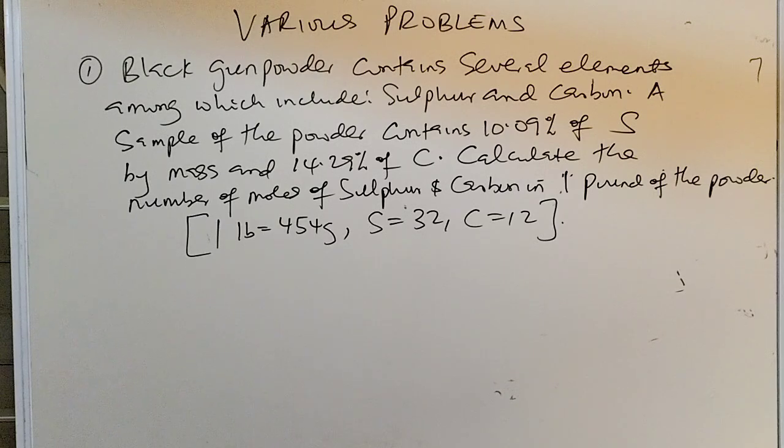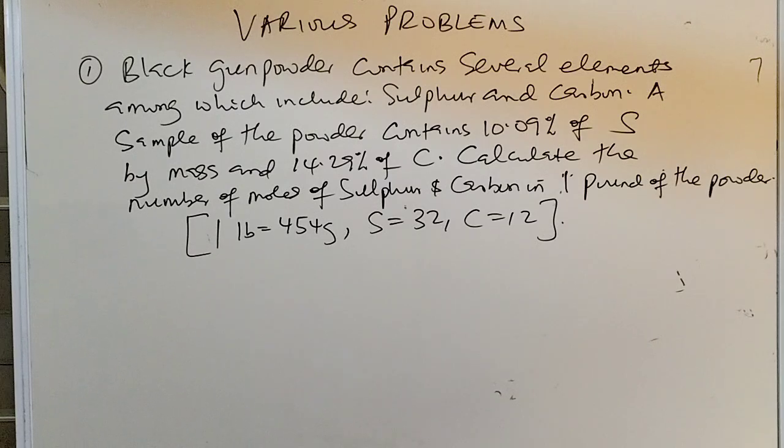Calculate the number of moles of sulfur and carbon in 1 pound of the powder. I repeat, black gunpowder contains several elements, among which include sulfur and carbon. A sample of the powder contains 10.09% of sulfur by mass and 14.29% of carbon. Calculate the number of moles of sulfur and carbon in 1 pound of the powder.